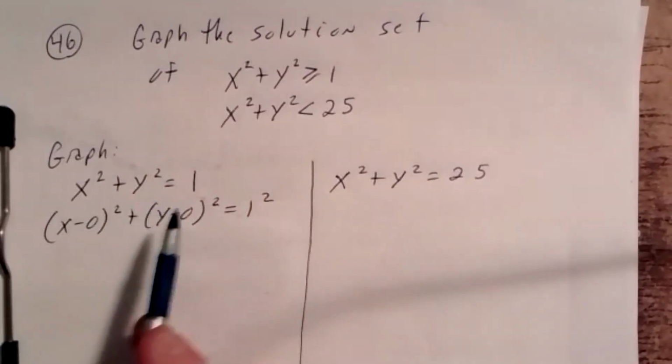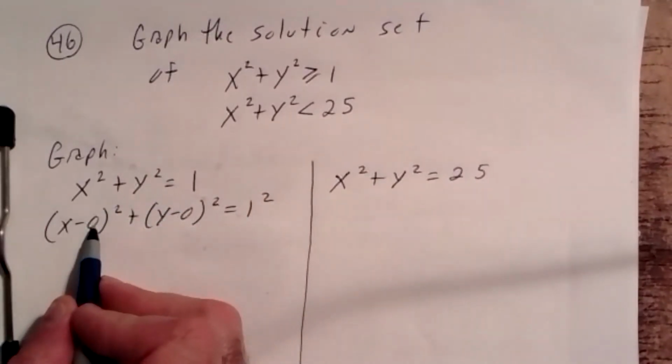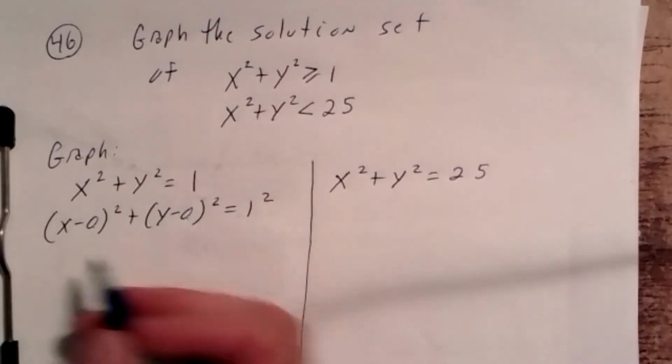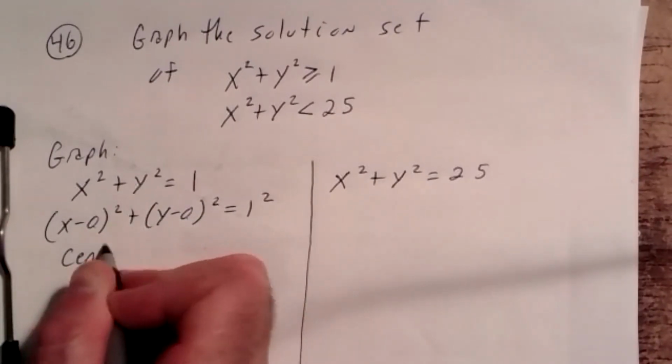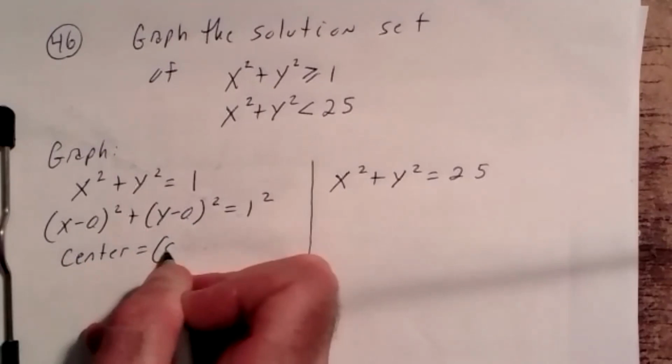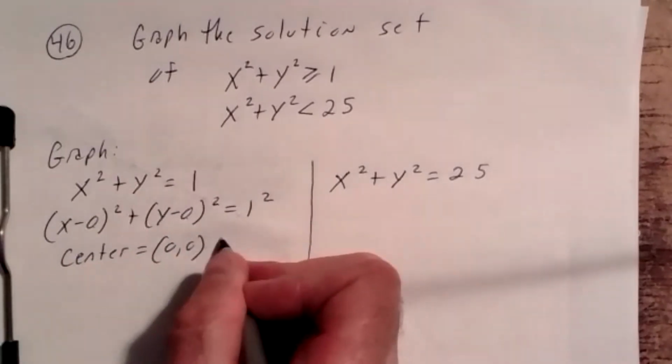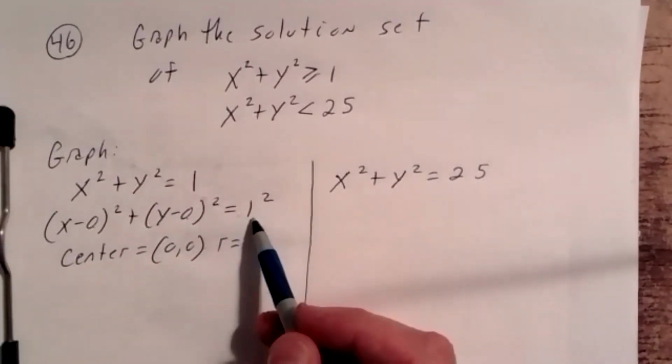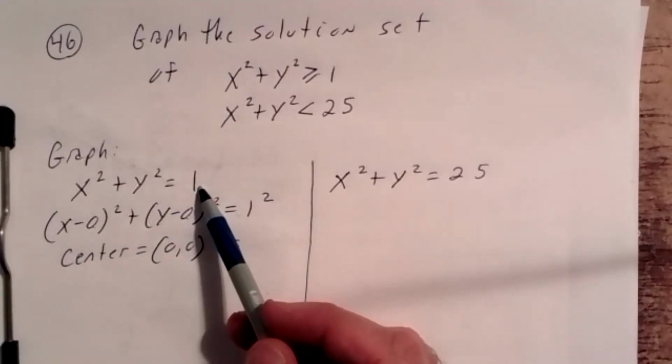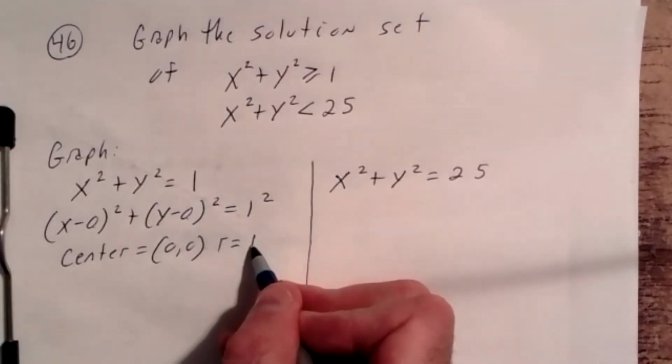Where is the center of this circle? 0, 0. So the center of this first circle is the origin. And what is the radius of this circle? It'll be the square root of 1, which is 1.